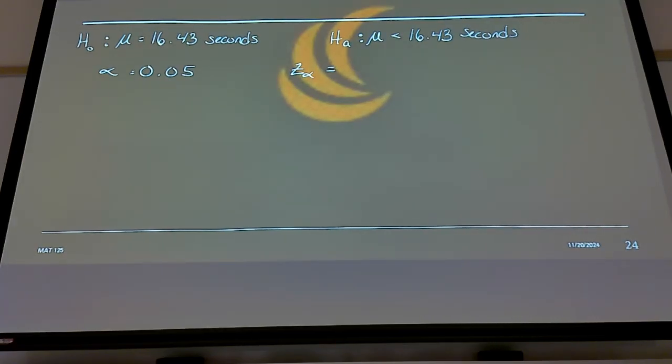The critical value will be the absolute value of that. I want the critical value: 1.645.